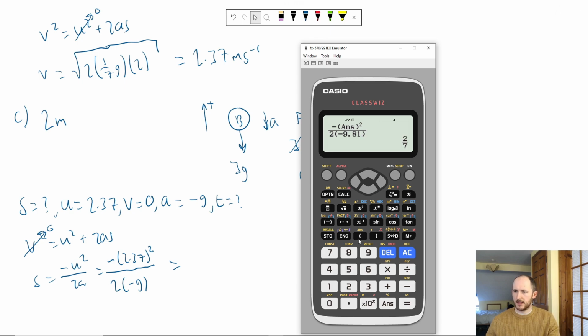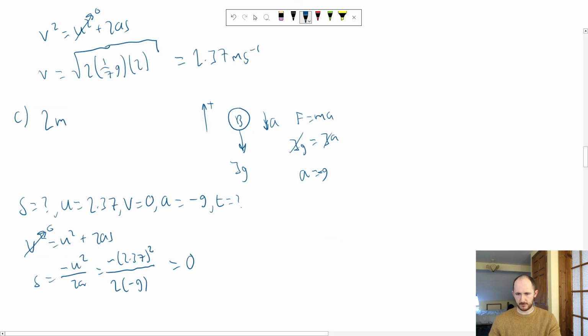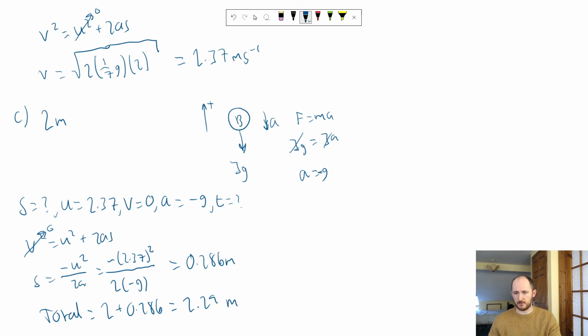Yeah, that's all good. 2 over 7. Wow, that's a really precise number. 0.286 meters. So in total, and again, you want to make really clear that you're doing a total. It's 2 plus 0.286. So I'm going to do that to 3SF, so 2.29 meters.